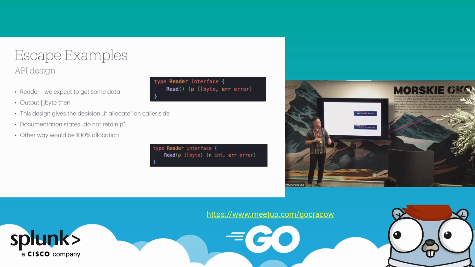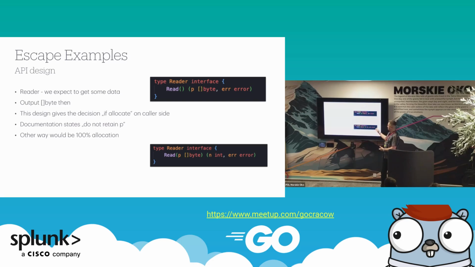So to output the slice of bytes. And we are lucky that I didn't design it, because in that way, there would be 100% allocation. So we return the data of unknown size.